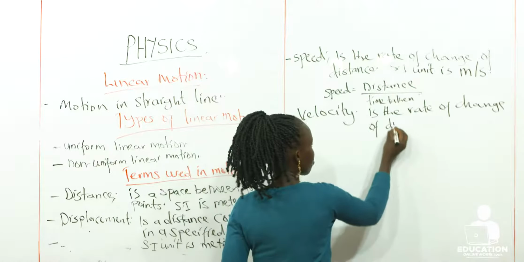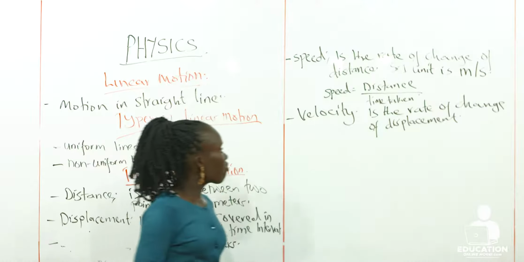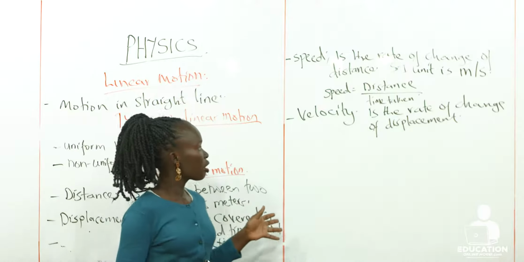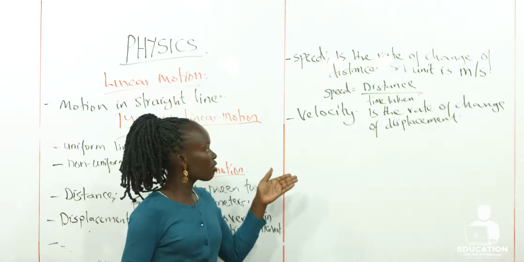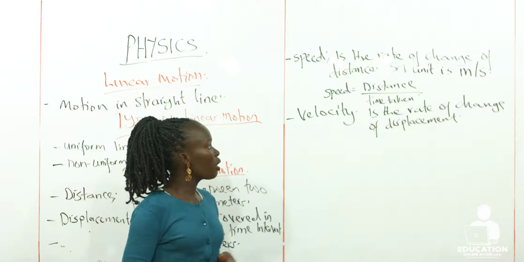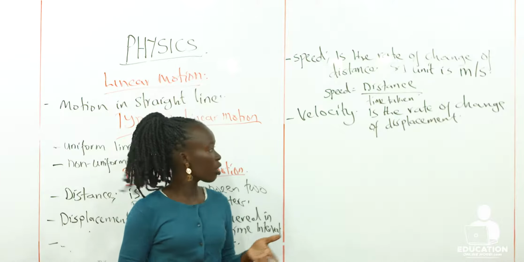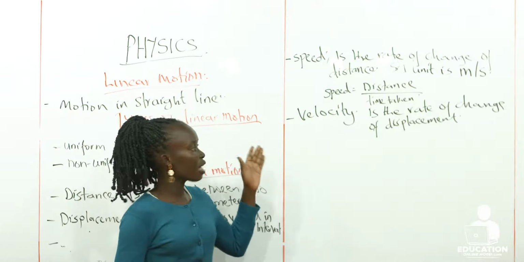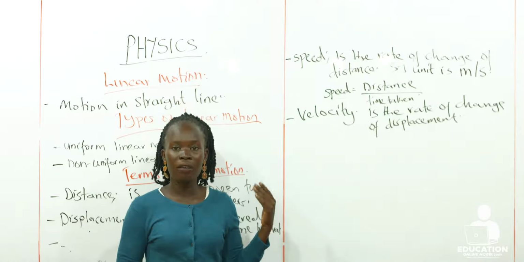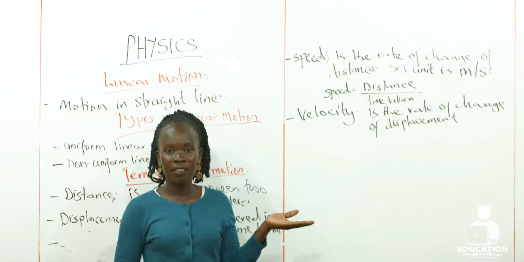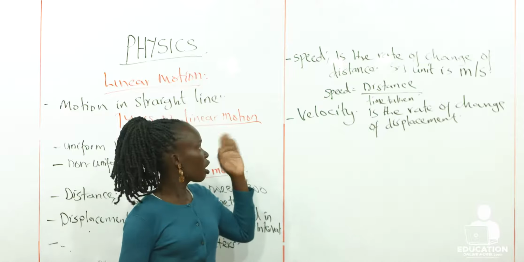You can get the size of that, and you also know that it has direction, so velocity is a vector quantity. The unit of velocity is the same as the unit of speed.